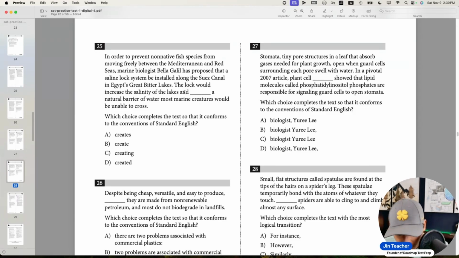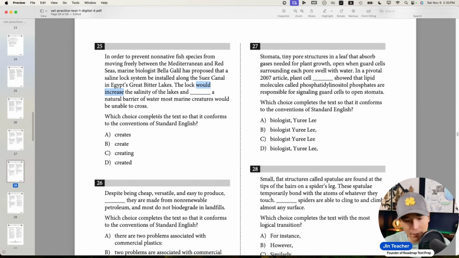So the subject is the lock, right? But notice I have two main verbs in this sentence. I have the lock would increase this, and verb, and create that, right? So when you have verb phrases like this, where you have two verbs combined, these are called compound verbs.